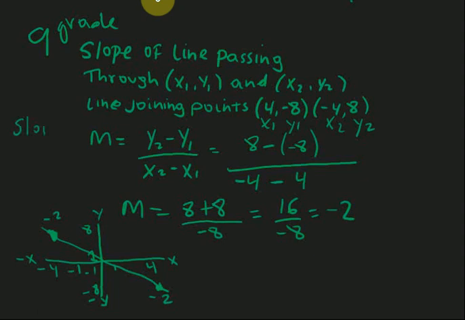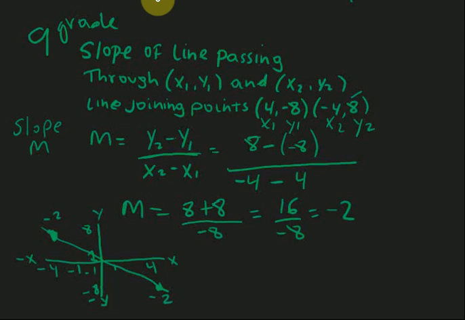So normally the slope is m, right? Slope m equals y2 minus y1 all over x2 minus x1. Here y2 is 8.